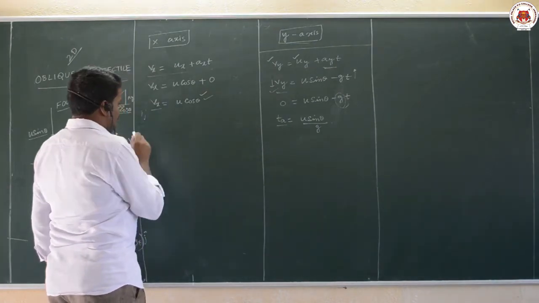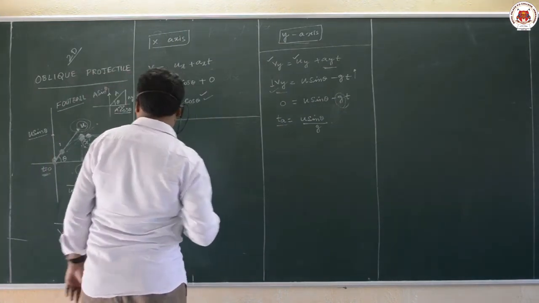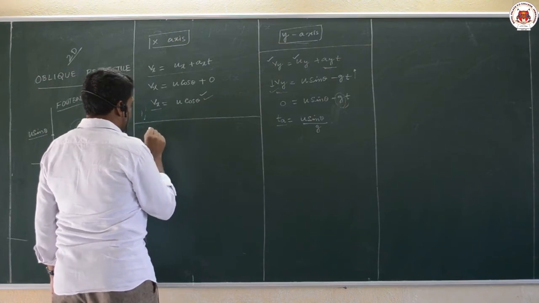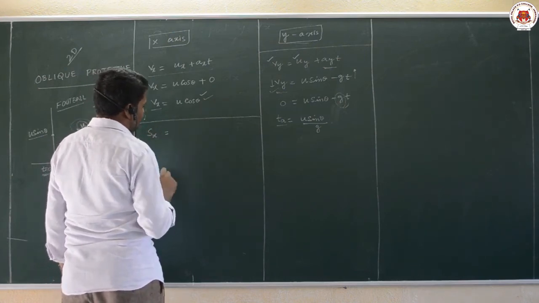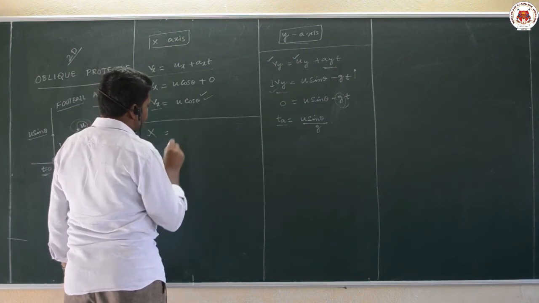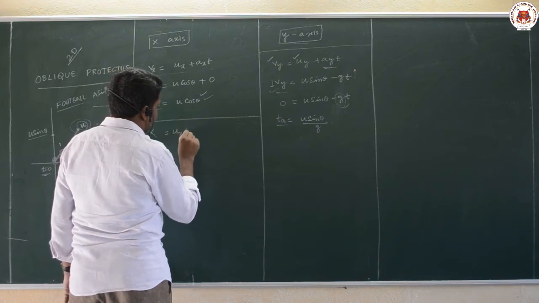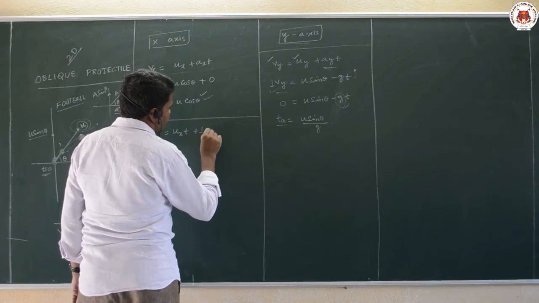Next case, we can find the displacement along the x axis. Displacement along x axis, Sx, or you can take this as x, is equal to ux t plus half ax t square.